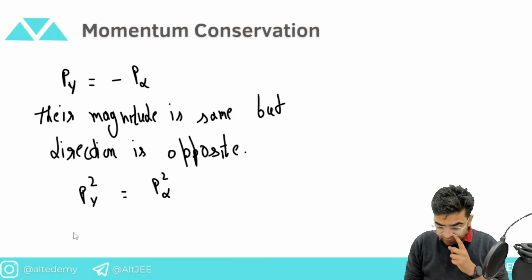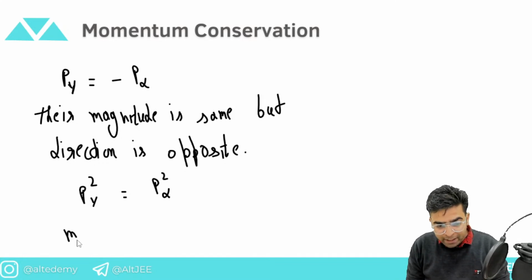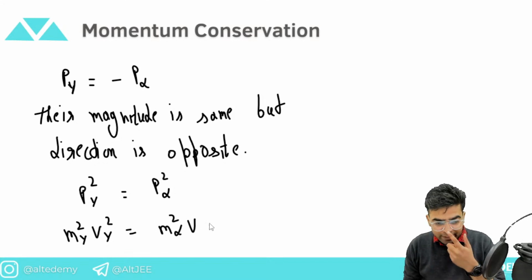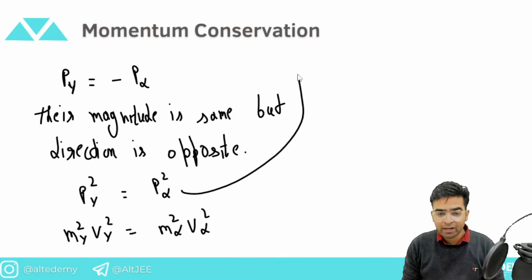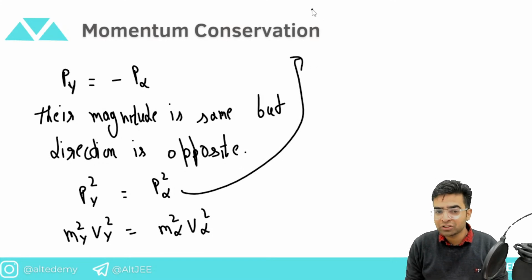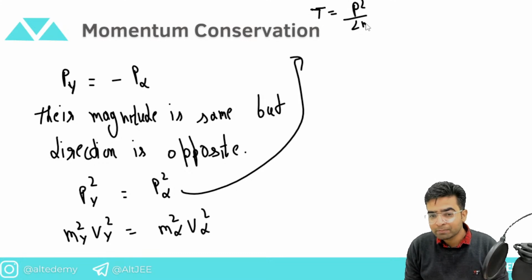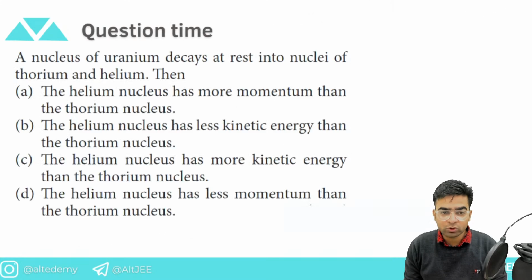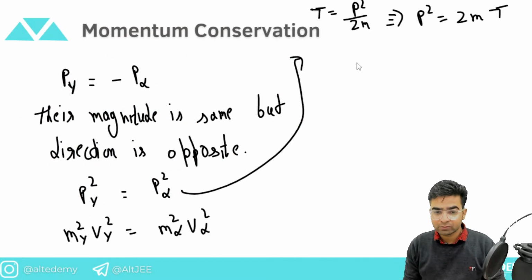After this we can write my square Vy square is equal to m alpha square V alpha square. And we know that kinetic energy T is P square by 2m, so P square will be 2mT.